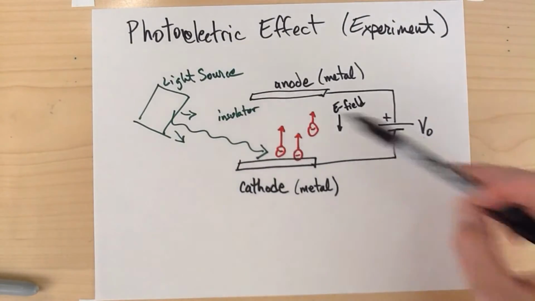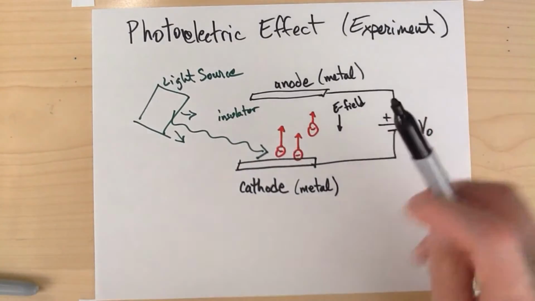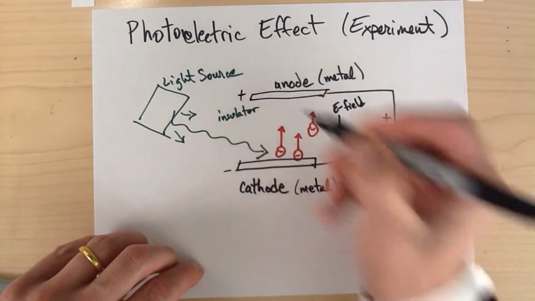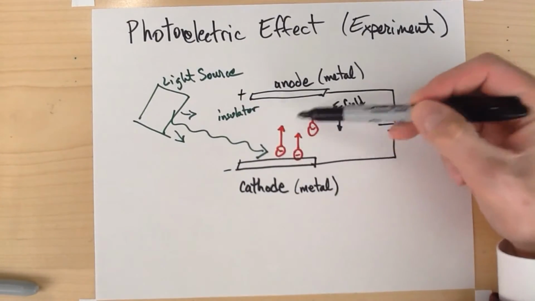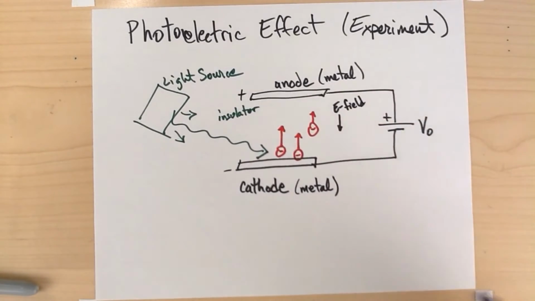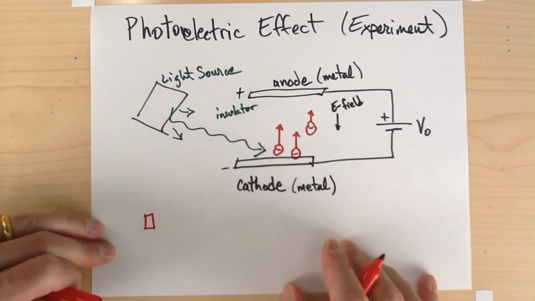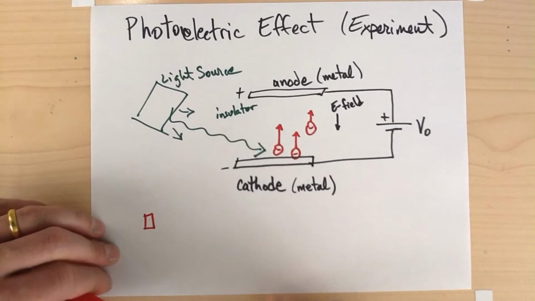And in this particular polarity, we have a positive voltage on this side, a negative voltage on that side, and of course any negative charge that winds up in between these two is going to travel toward the anode. All right, and so when these electrons appear, it leads to a current, and that current is called a photocurrent.